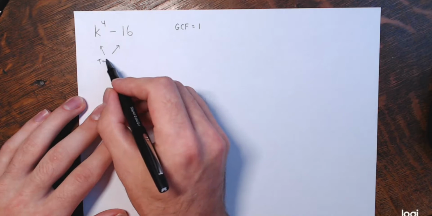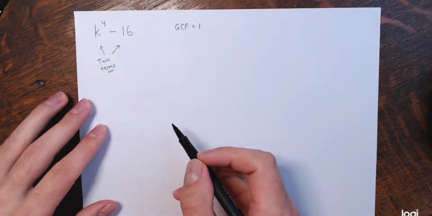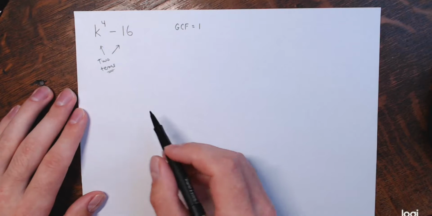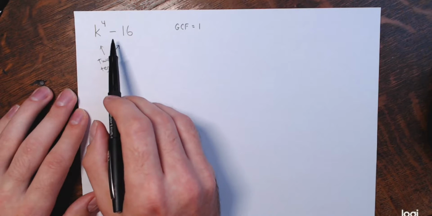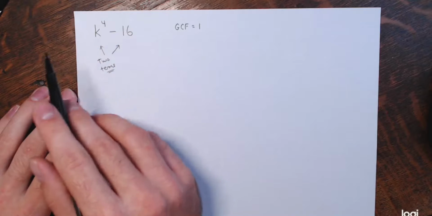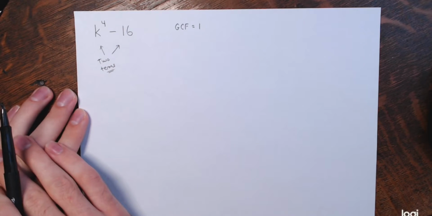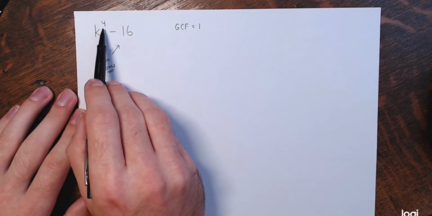Again, I have a two-term polynomial. And the only way you're going to be able to factor a two-term polynomial is if it's a sum of cubes, a difference of cubes, or a difference of squares. Well, this is definitely a difference. So the only way I'm going to be able to factor this is if it's a difference of squares or a difference of cubes. Now notice my exponent here this time is 4.